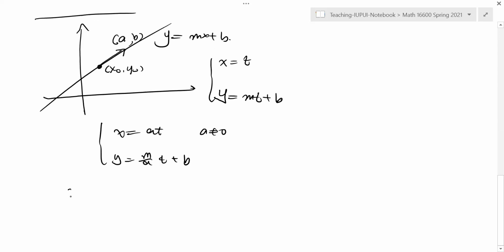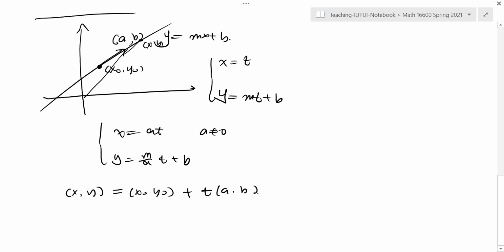So x and y is going to be this arbitrary point plus a multiple of this vector for the line, so that will be t times a and b.